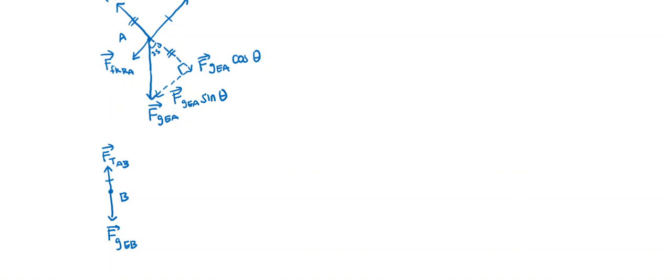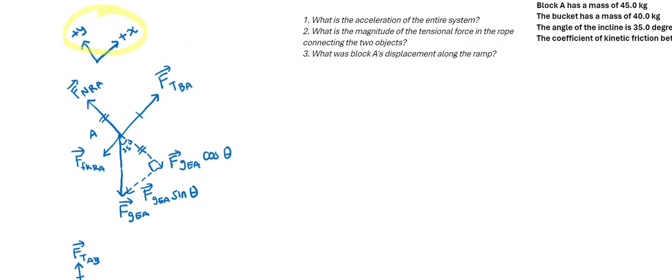So we'll move on to the next step, just as before, which is establishing the equations. So let's start with the x forces for object A. The reason these free body diagrams are super important is that it might get confusing because we have so many forces. Drawing it out makes it a lot more clear. So for x, we're going to look for arrows that are parallel to the ramp.